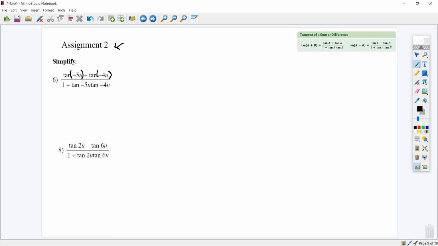So if we look at it again, we are going to use the negative version of the formula because we have tangent A minus tangent B. So this will turn into that. Tangent negative 5u minus negative 4u, because it is tangent A minus B, like this one.